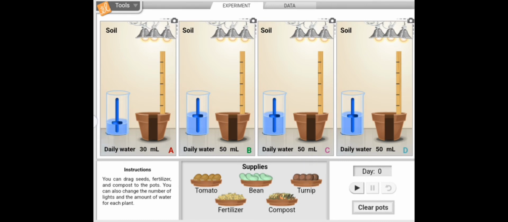First we're going to alter the water from low to high. Then we're going to add the turnip.